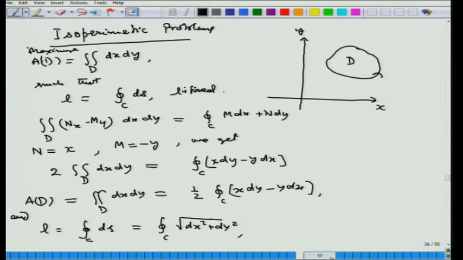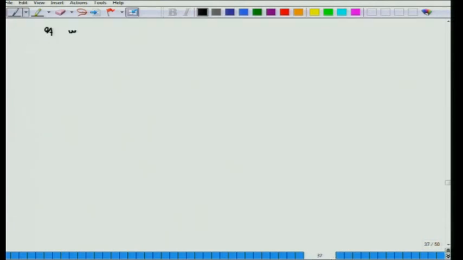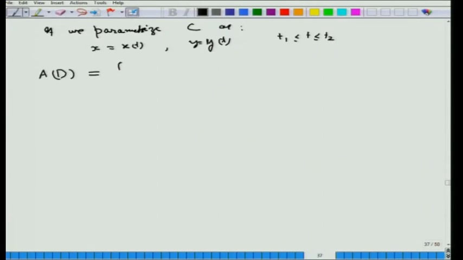So, using this, if we parameterize C as x equal to x(t), y equal to y(t), with t lying between T1 and T2, then we get the area of D as the integral over C of half of (x(t) dy/dt minus y(t) dx/dt) dt.